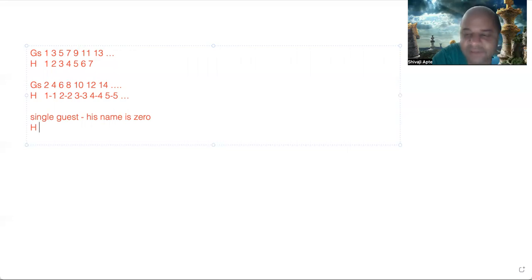So I will put our most important guest, number 0, into room number 1. Again, everybody has got a room. Nobody is left without a room. So 0 is into 1, 1 is into 2, 2 is into 3, and it goes on like this.